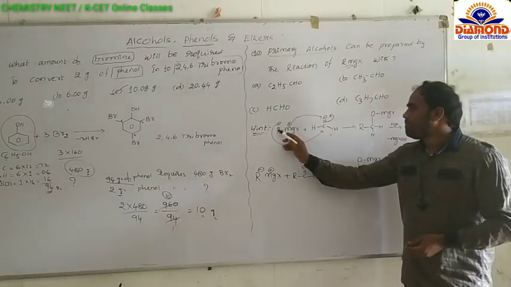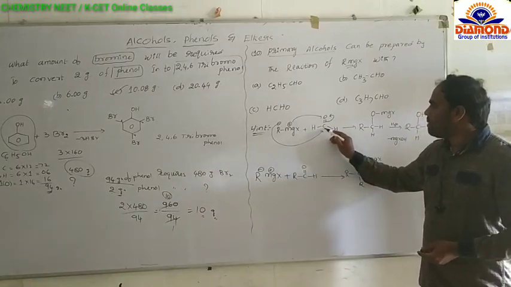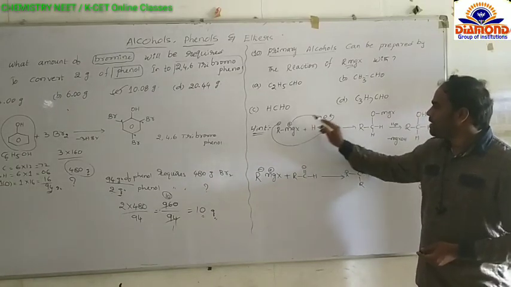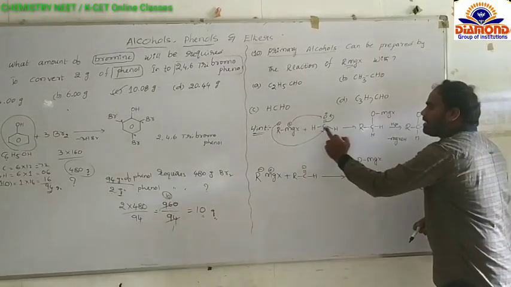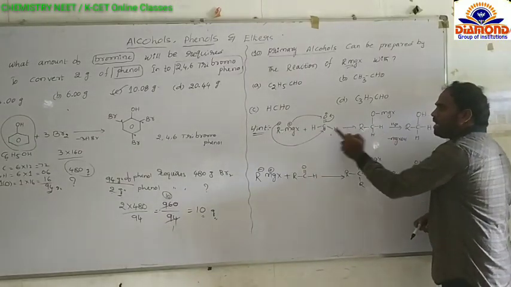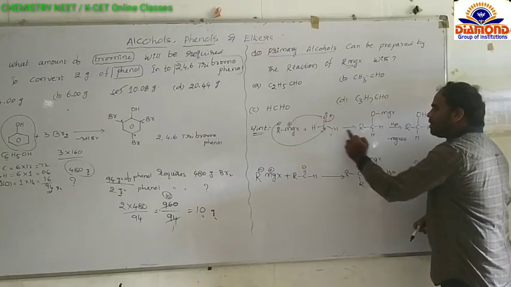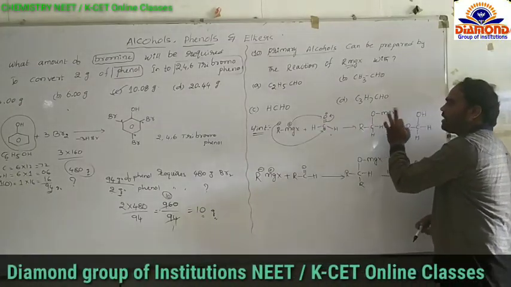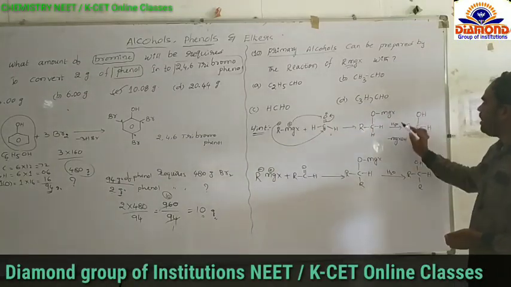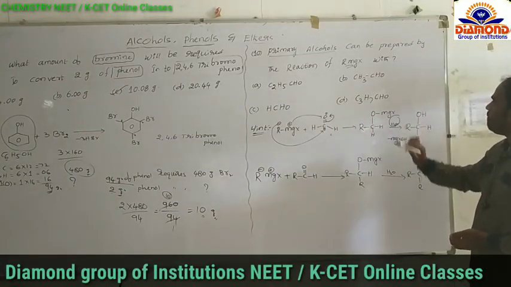R minus attacks this carbon plus, and MgX plus attacks this oxygen minus. Then we get an R-C bond, and this carbon already contains 2 hydrogens, and this oxygen is now attached with MgX. This is the intermediate, and now it undergoes hydrolysis.